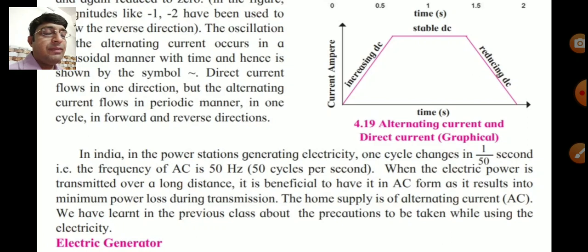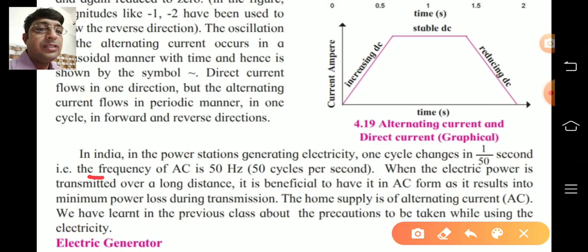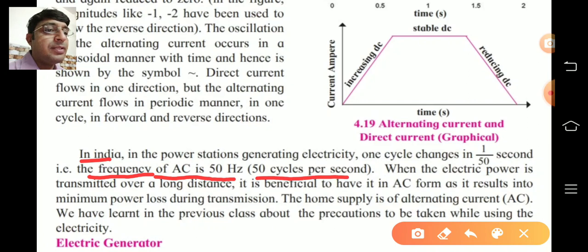I think we learned this in standard 9. So 1/50 seconds, that is, the frequency of AC is 50 Hertz. So you write in short, the frequency of AC in India is 50 Hertz. 50 Hertz means 50 cycles per second. Cycle per second is called Hertz.